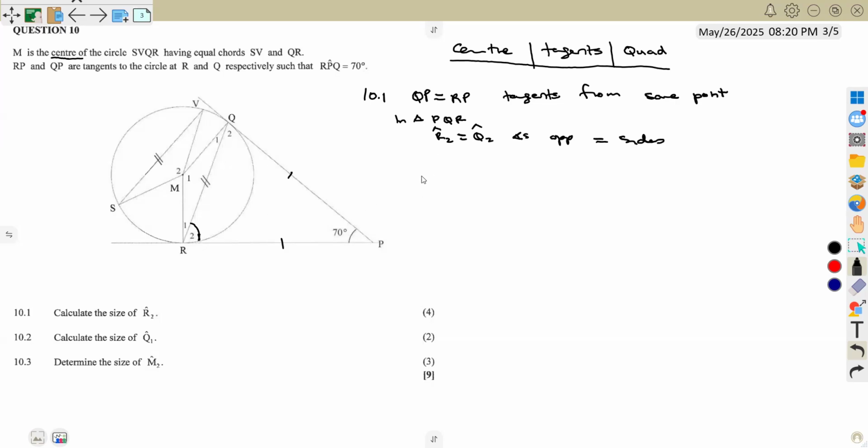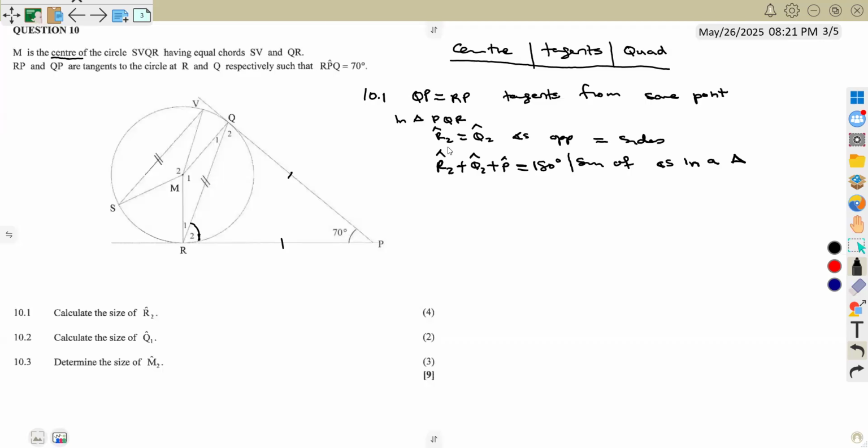Therefore, we can say R2 plus Q2 plus angle P must be equal to 180 degrees, sum of angles in a triangle.